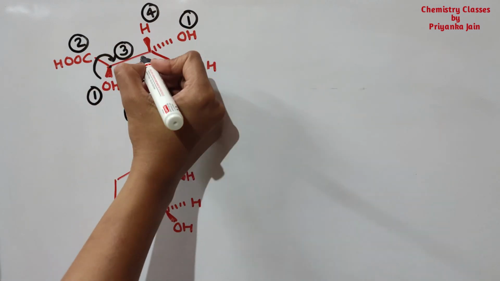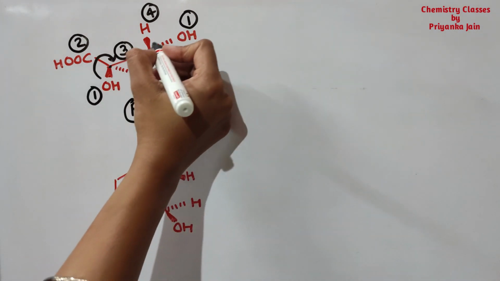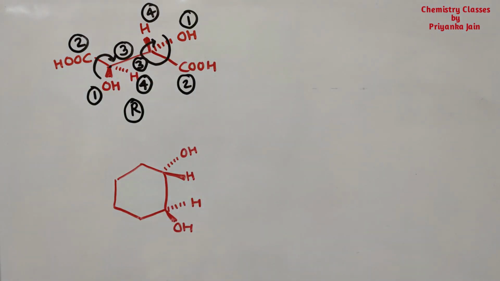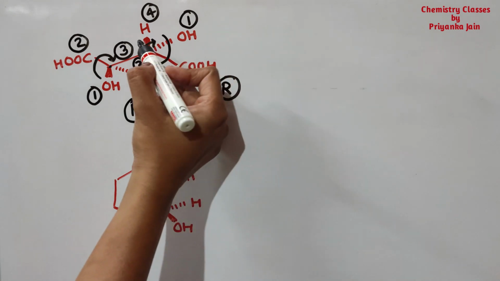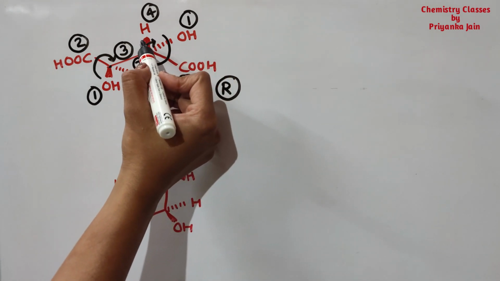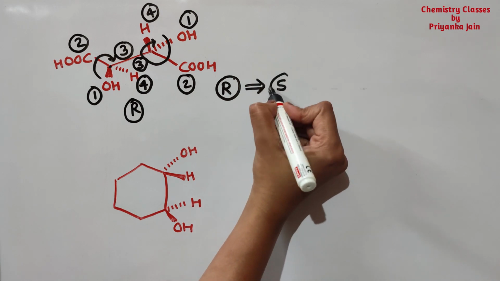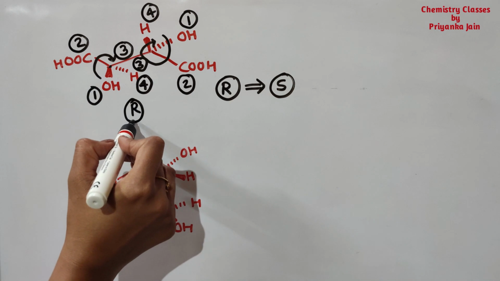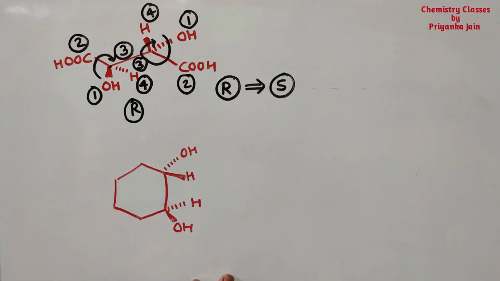So 1, 2, 3, we are going in this manner. It means this is R configuration, right? But see here, this hydrogen is present above the plane. It means this will be inverted now. So it will be S configuration. So at this carbon the configuration is R, and at this carbon atom the configuration is S, right?